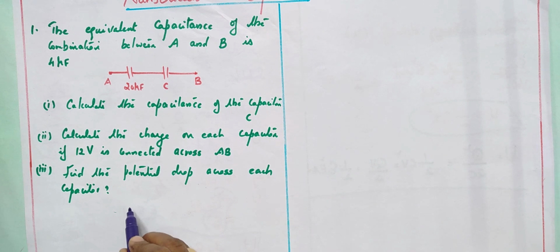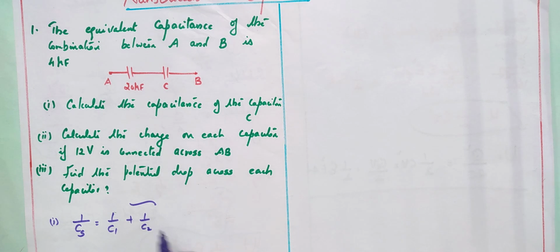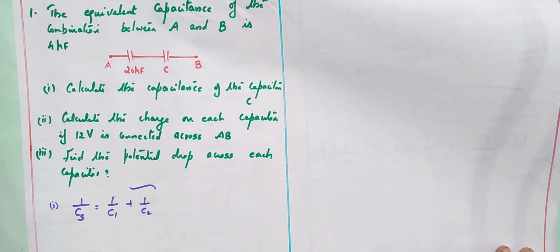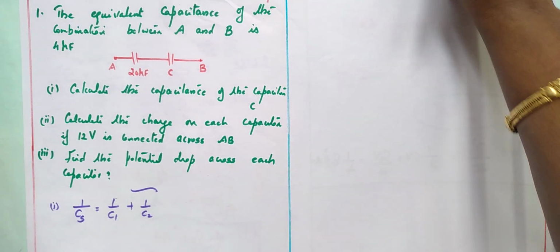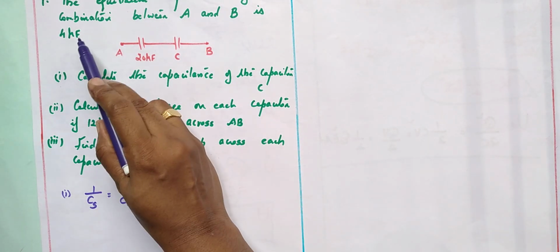First part: since the two capacitors are connected in series, we have the general formula 1 by Cs equals 1 by C1 plus 1 by C2. What is the series capacitance given here? The equivalent capacitance is 4 microfarad.